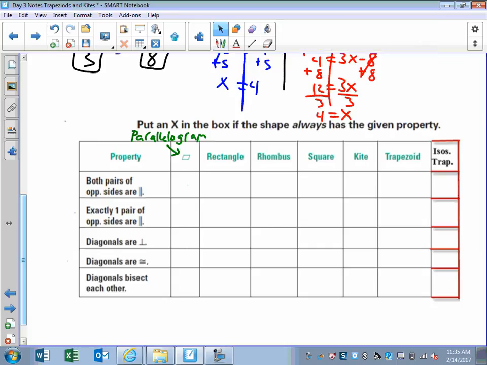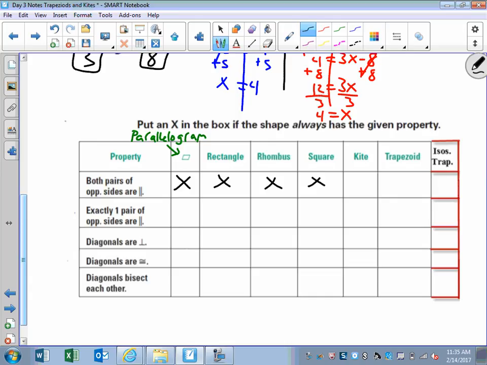Okay, so let's look at the property. Both pairs of opposite sides are parallel. Well, the first shape is called a parallelogram, so that probably means that both pairs of opposite sides are parallel. Now, if something is true for a parallelogram, it's also true for a rectangle, a rhombus, and a square because they are all parallelograms. So if I mark it for a parallelogram, I have to mark it for rectangle, rhombus, and square.